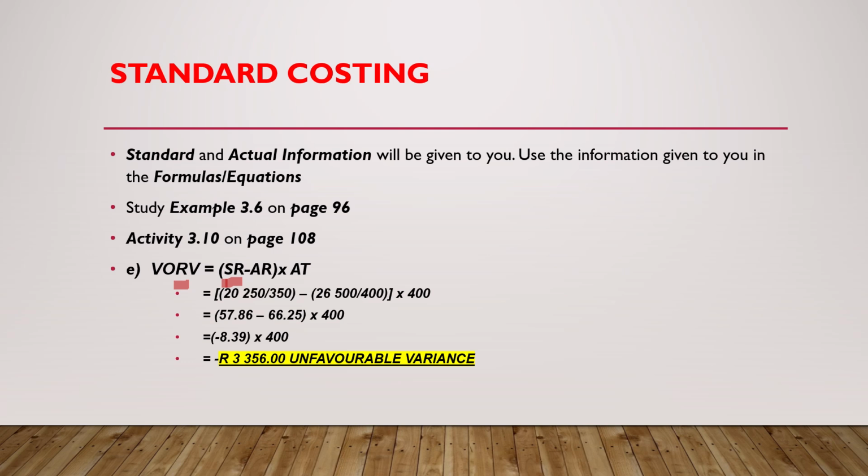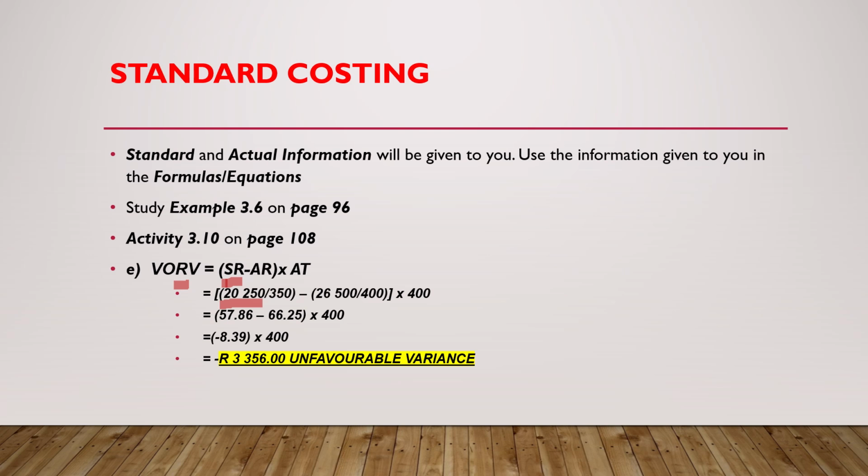Okay, let's go to the exercise quickly on page 108 and look for budgeted variable overhead. There is budgeted information. You have fixed overheads 38,500. We have variable overheads, which is 20,250. So we have 20,250 budgeted variable overheads divided by budgeted labor hours.